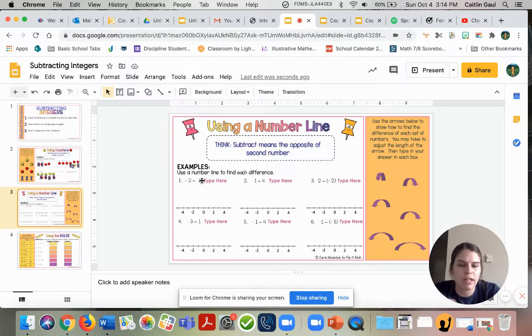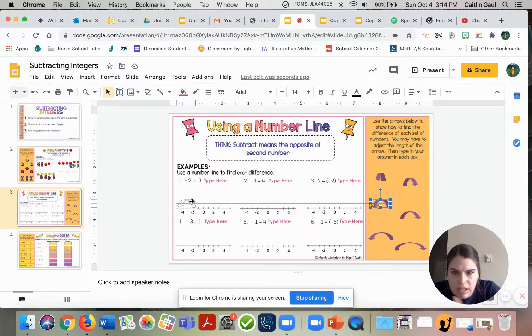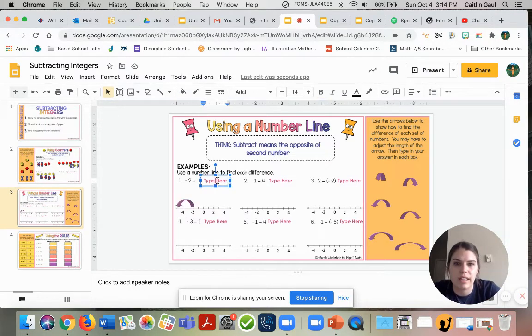So it says start at -2 and go the opposite direction 3. So I'm going to take one of my arrows. Again, we can always resize these. Start at -2 and go the opposite way 1, 2, 3, and you're going to end up at -5.